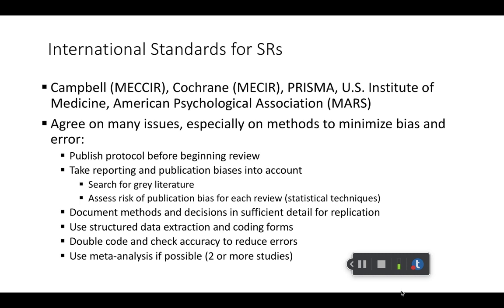They agree that reviewers should document their methods and decisions in sufficient detail so that others can replicate the work, that reviewers should use structured data extraction and coding forms, that they should double code and check the accuracy of their work to reduce errors, and they should use meta-analysis if possible. And it's possible to use meta-analysis if you have 2 or more studies that produce quantitative results.